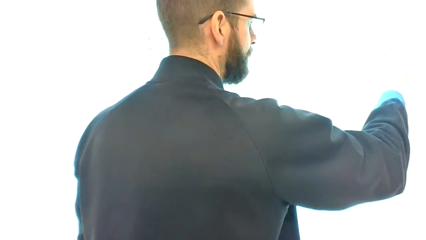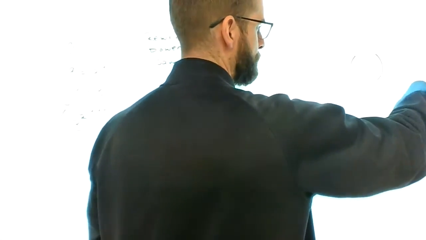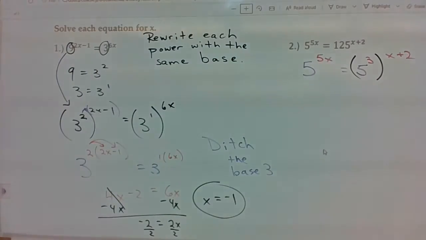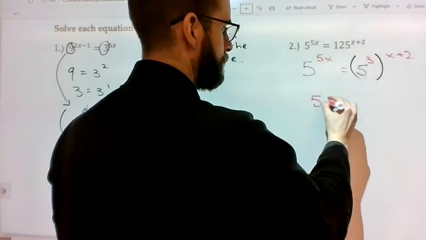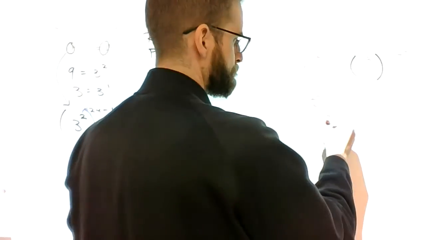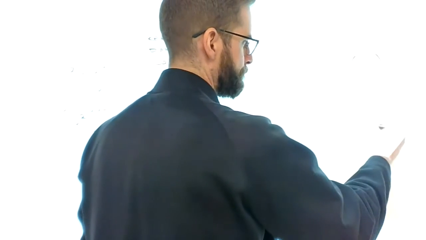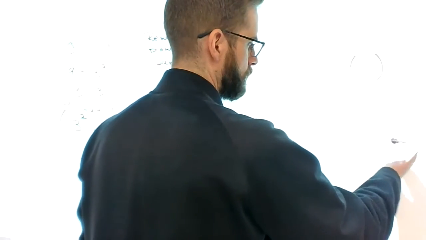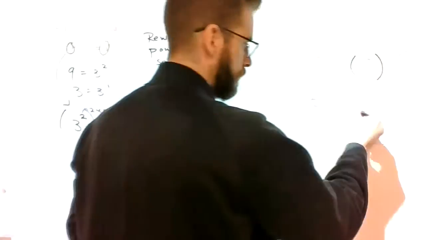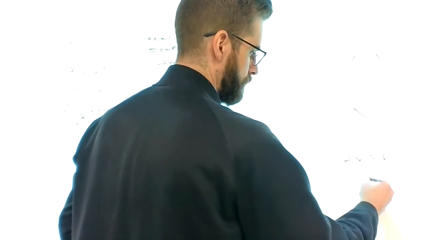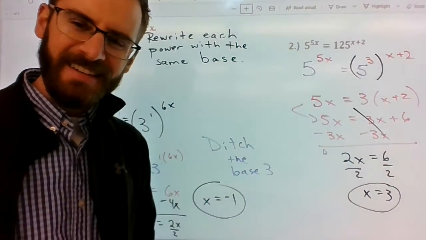And take that to the x plus 2 power. Ditch the base, and then take 3 times x plus 2. Get x by itself. Yeah, I mean, that's pretty simple.